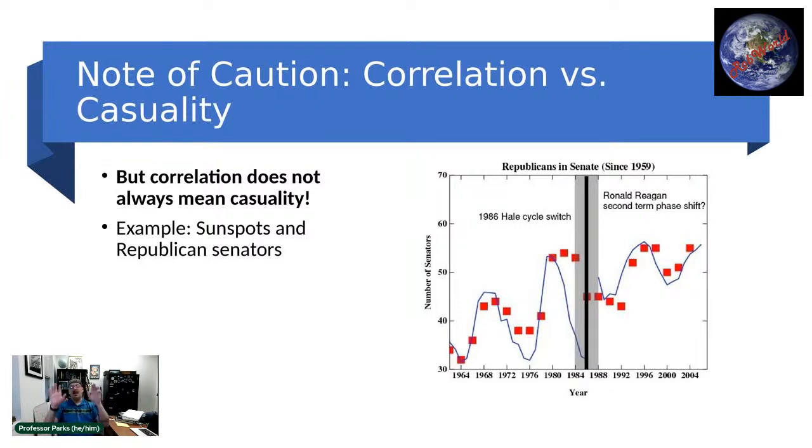But anyway, here you have sunspots and Republican senators. You can see that the correlation is not perfect, but it is pretty damn close. And obviously, there's no physical mechanism here. What we're saying is that sunspots do not magically influence people's minds and make them vote more Republican than Democrat.